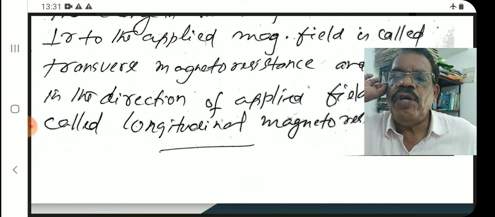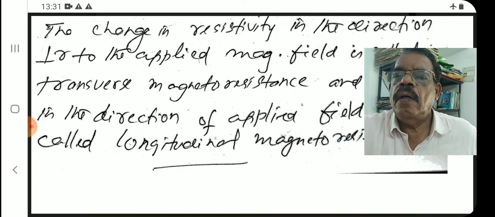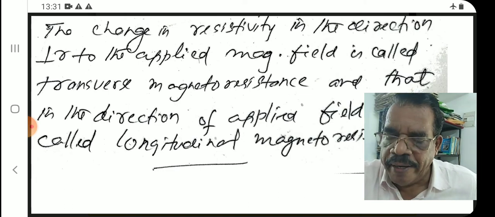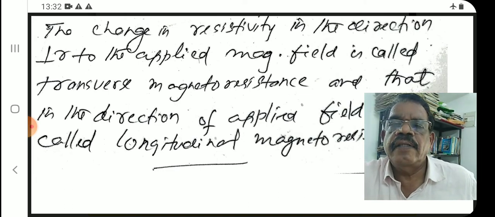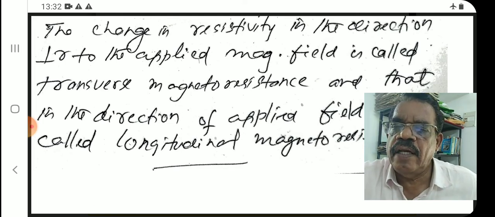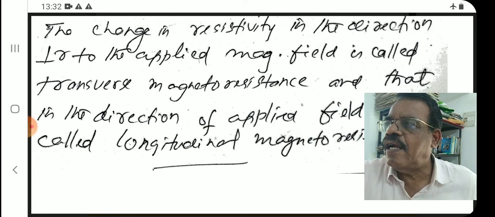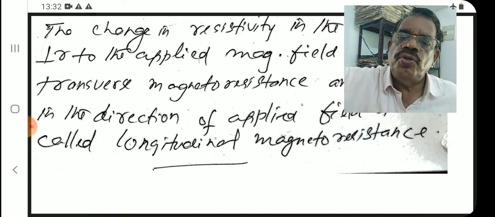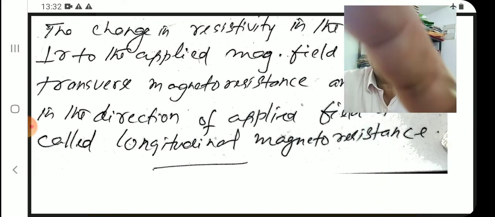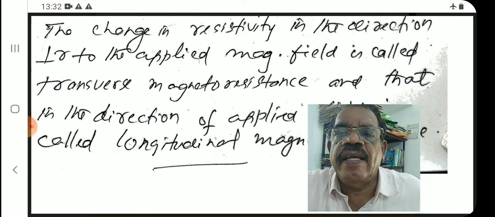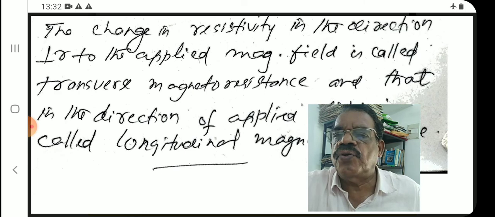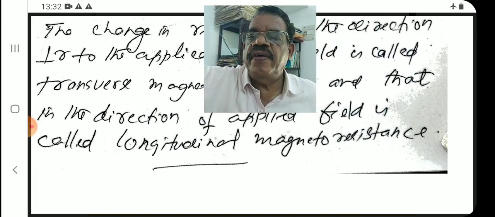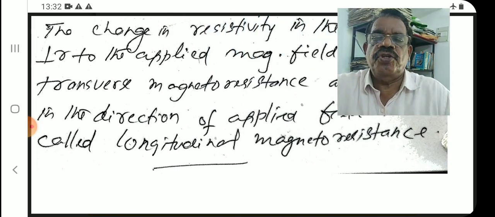So the change in resistivity perpendicular to the applied field is transverse. If the change in electrical resistivity occurs in the same direction as the applied field, we call it longitudinal magnetoresistance.